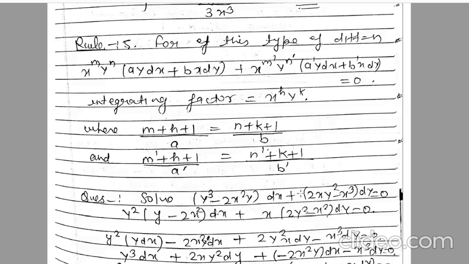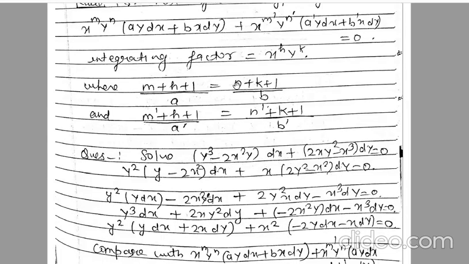So you have to convert this equation into this form, right? To convert it, you have to multiply all these values and arrange them also. So y cube dx minus 2x square y dx plus 2xy square dy minus x cube dy, right?